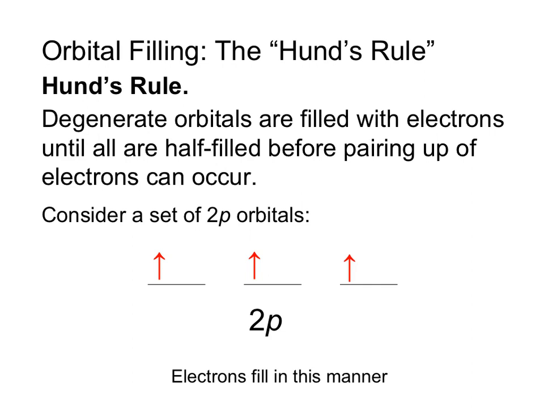If we have, for instance, some configuration that ends with 2p3, those 3 electrons are going to be placed singly in each of the p orbitals. By convention, we always write them spin up first.